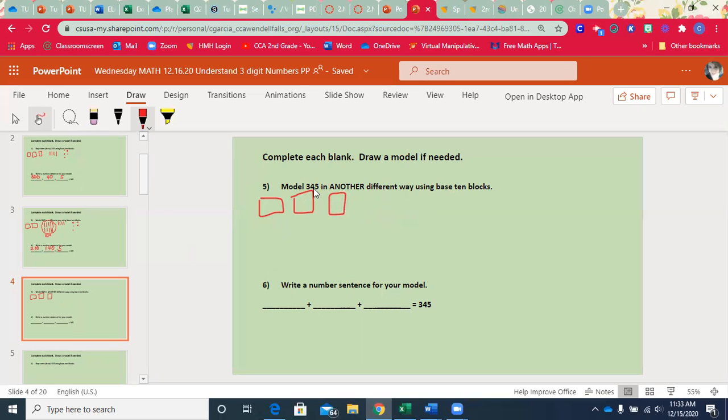So I have 4 tens now, but I'm going to take one of those 10s. So I'm not going to draw 4 10s because I'm taking one of those 10s and I'm breaking it into 10 ones instead. So 1, 2, 3, 4, 5, 6, 7, 8, 9, 10. So I still have 300s.